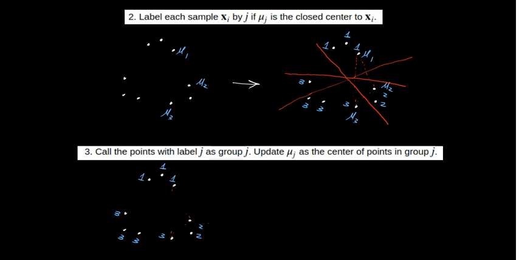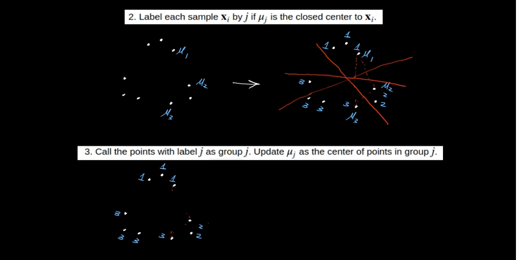Now at this point, you will see that all the points are labeled. Imagine that you just forget about the previous centers. The centers are gone. You use the centers to do the labeling, but after that, just forget about them. Now all you have is the labels. It says to call the points with label J as group J. So this is group 1, this is group 2, group 3. Now you have 3 groups.